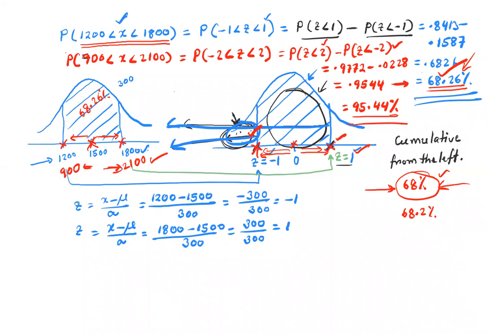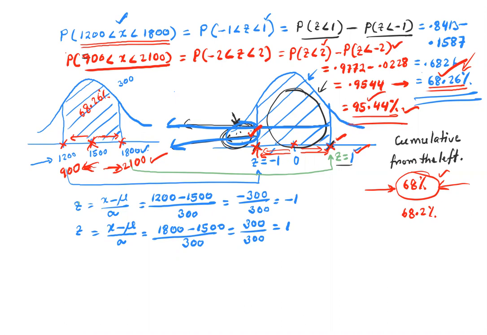By going to 900, you go 2 standard deviations to the left, all right? From the mean. In that case, you will include approximately 95.44%. So the probability that a randomly selected person makes between 900 and 2100 is about 95.44%.